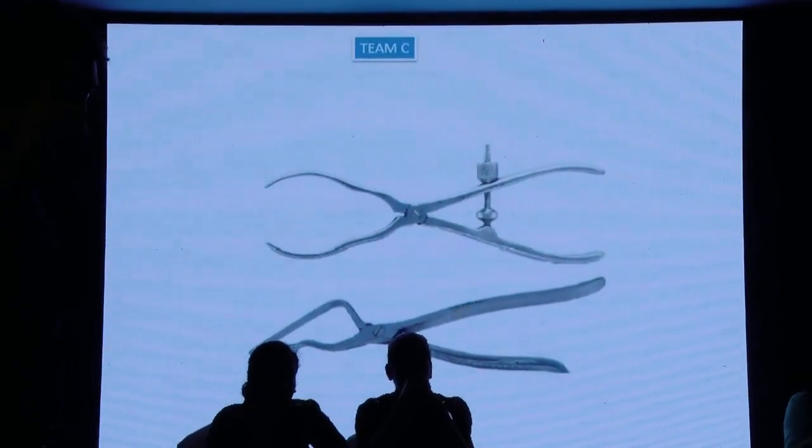Team C, be ready. Image for you. What you see? Sir, Ashley's nasal forceps. Hayton-Williams forceps. Again, I would like to give it to them. Yes. You would like to have both. Can you tell both, more descriptive answer? There are two instruments.